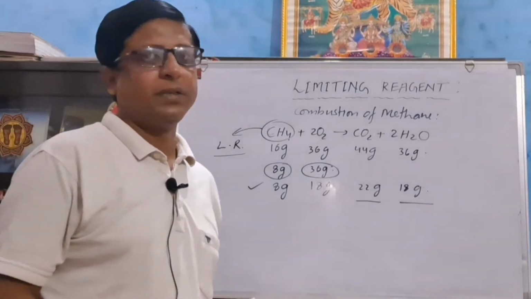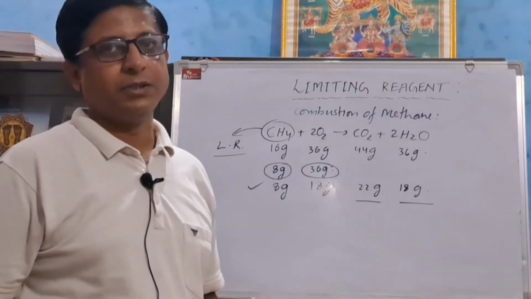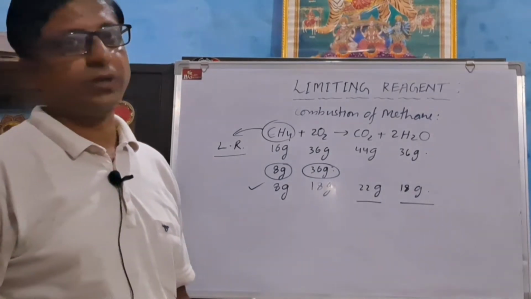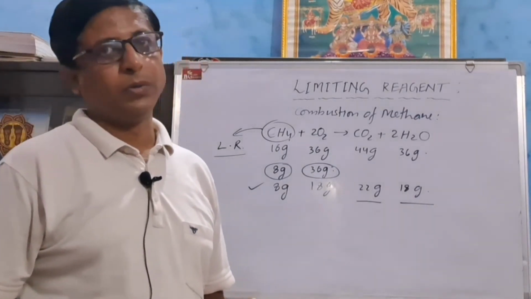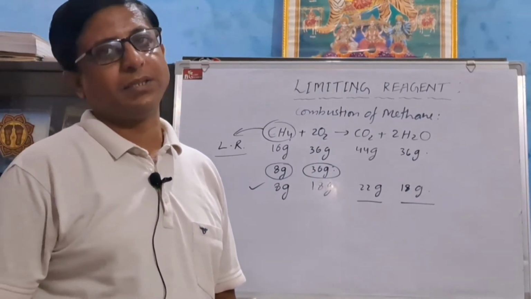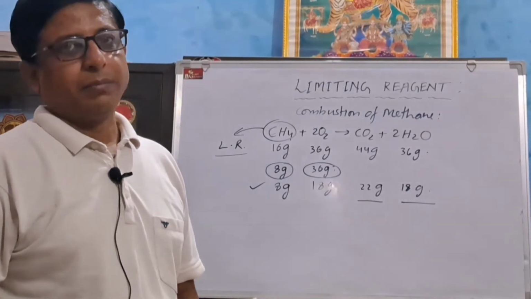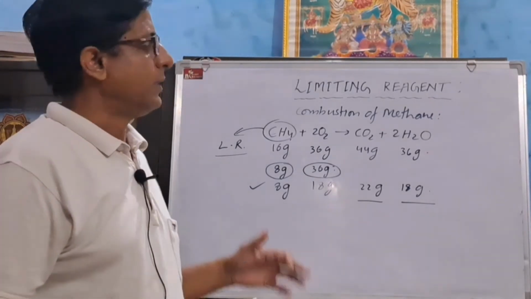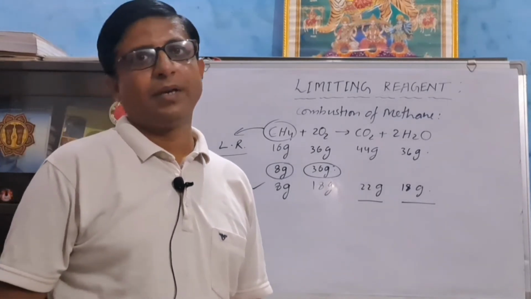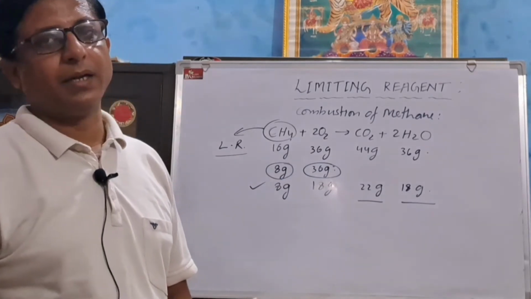The reactant which is present in lesser amount gets consumed first, and therefore further chemical reaction does not take place. However, some amount of the other reactant may remain in the reaction mixture. Thus, the limiting reagent may be defined as the reactant which gets consumed first and limits the amount of product formed in the chemical reaction.